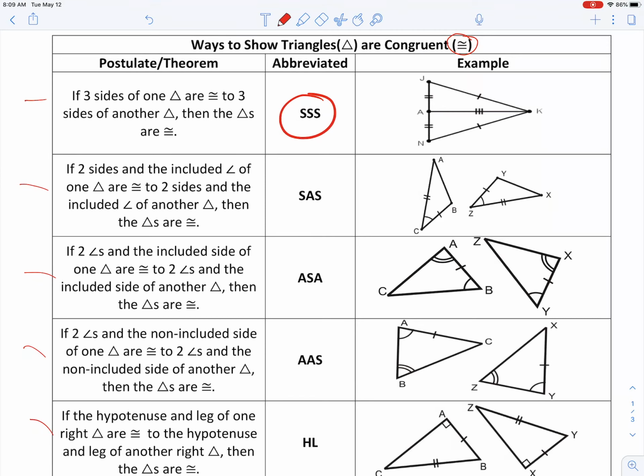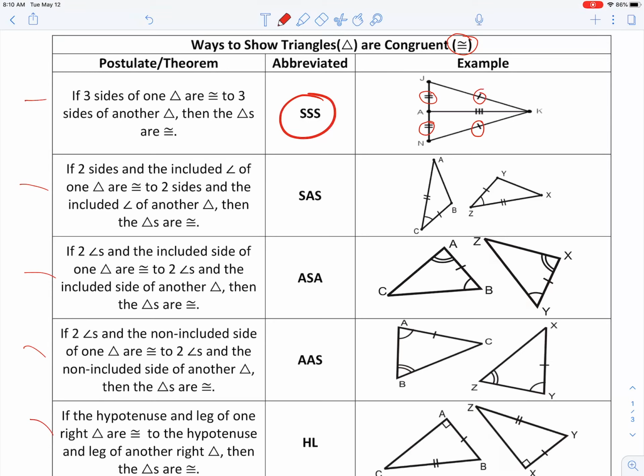The first way is called side, side, side. The S's represent the word side. That states if three sides of one triangle are congruent to three sides of another triangle, then the triangles are congruent. Looking at our example, this side and this side both have two tick marks, which means they're the same.